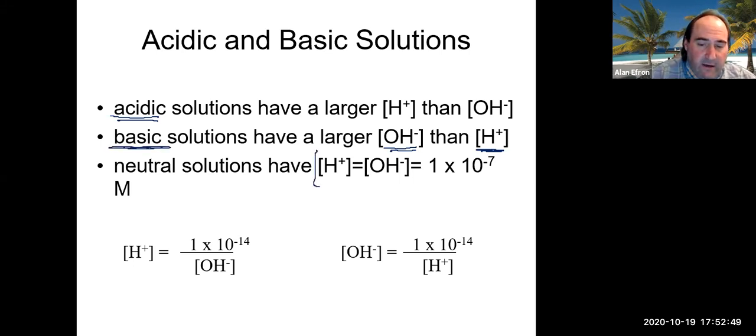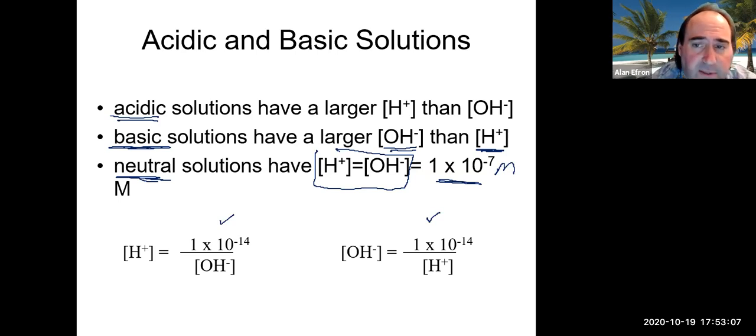If they are dead on each other, which means at that point it would equal 1 times 10 to the minus 7 molar, then the solution would be neutral. So we could do these calculations and compare the two numbers, and whichever one is larger: if the H plus one is larger, then it's acidic. If the OH minus one is larger, it is basic.